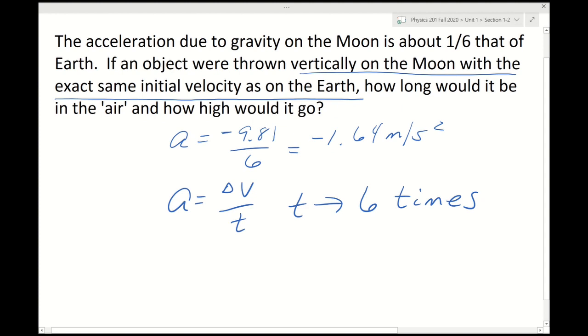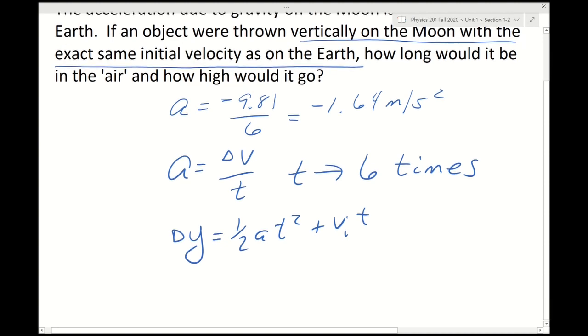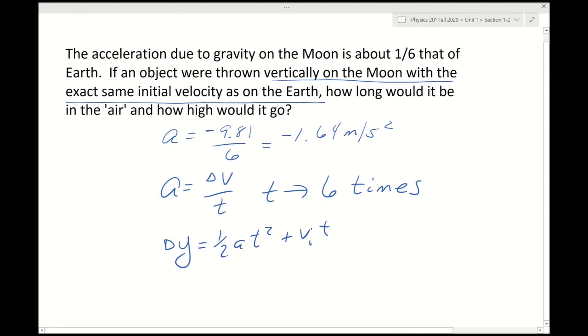Alright, how high would it go? Well, if you think about what's happened with regard to acceleration and time, 1/2 at squared plus vi t, while our acceleration has gone down by a factor of 6, our time has gone up by a factor of 6, and since we're squaring it, okay, what happens?